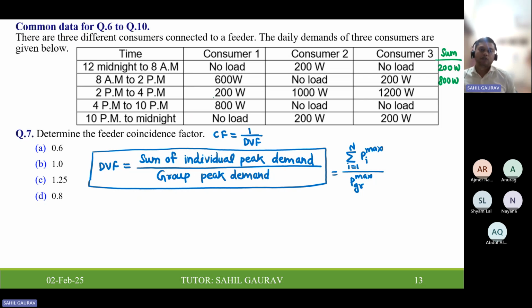For 2 p.m. to 4 p.m., the sum is 200 plus 1000 plus 1200, so 2400 watt. For 4 p.m. to 10 p.m., 800 watt plus no load, that means 800 watt. And for 10 p.m. to midnight, no load, 200 watt plus 200 watt, that means 400 watt.